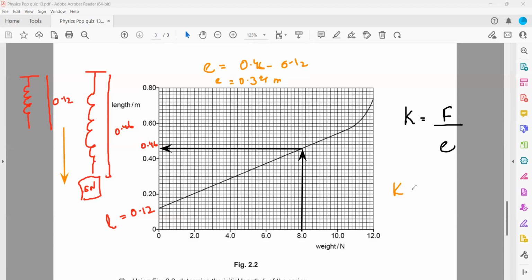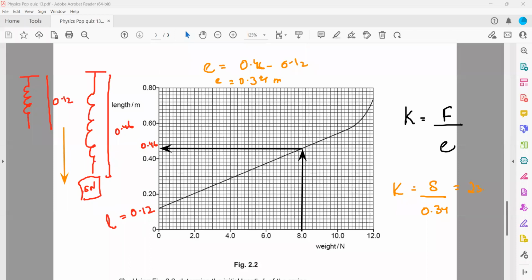So when the load or force is 8, the extension is 0.34. So 8 divided by 0.34 equals 23.5.